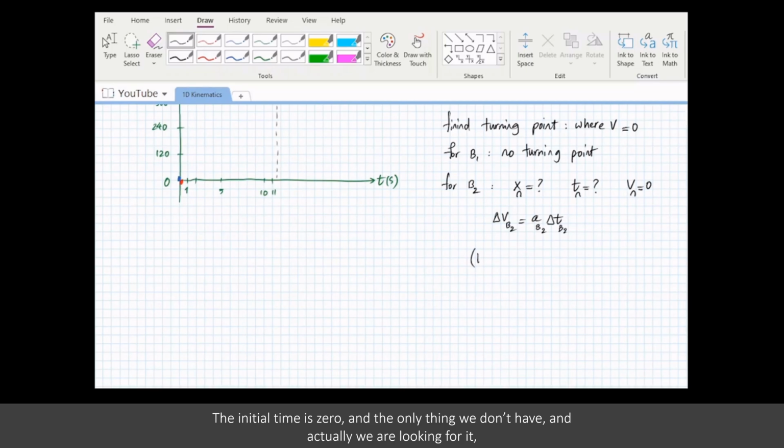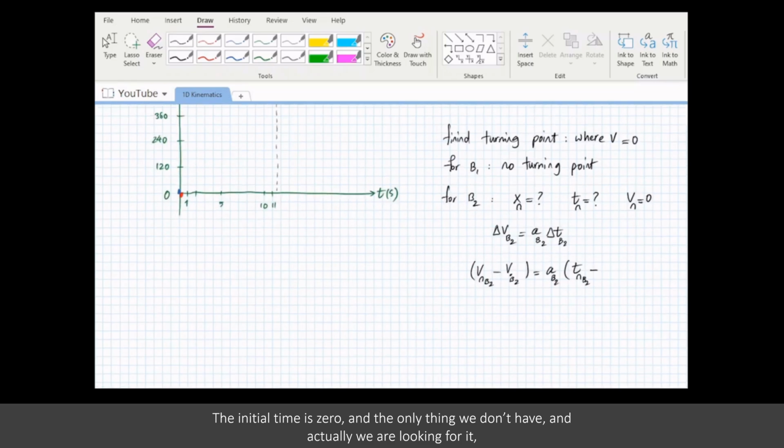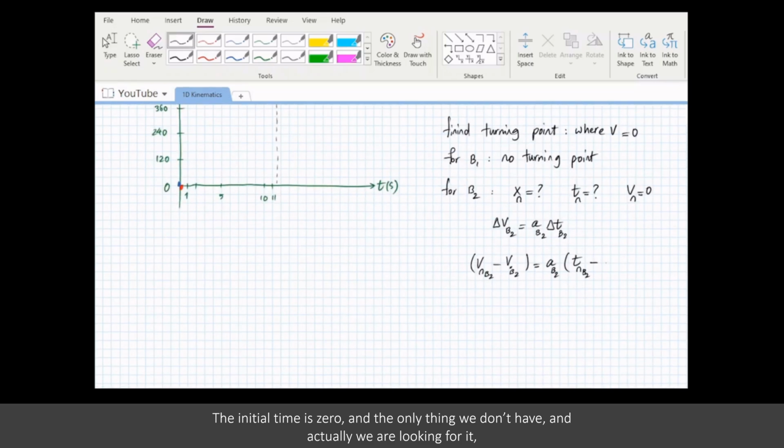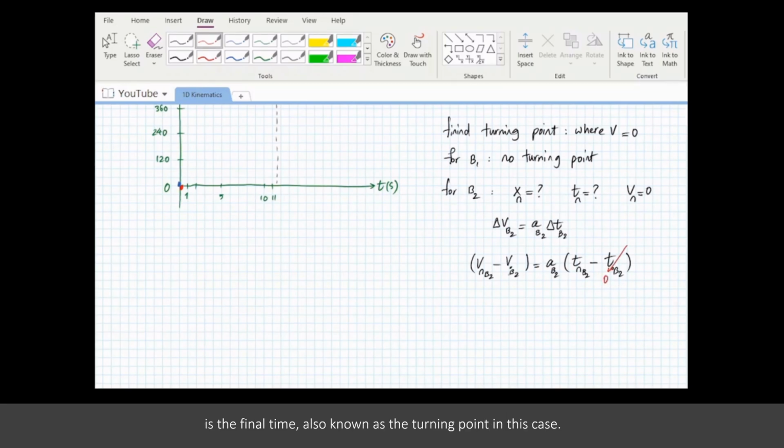The initial time is 0, and the only thing we don't have, and actually we are looking for it, is the final time, also known as turning point time in this case.